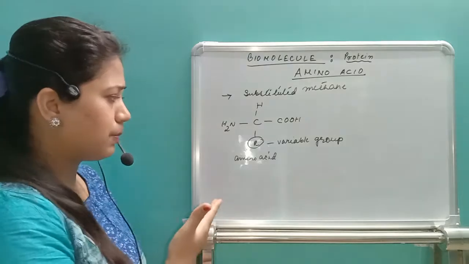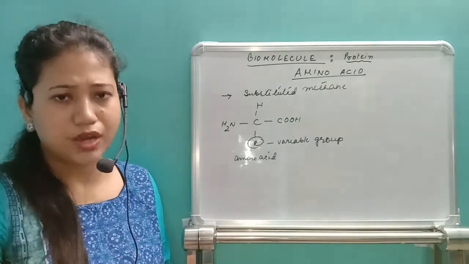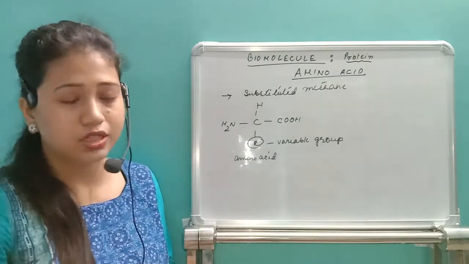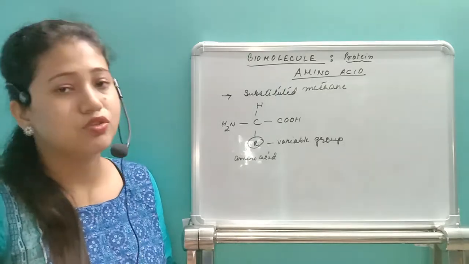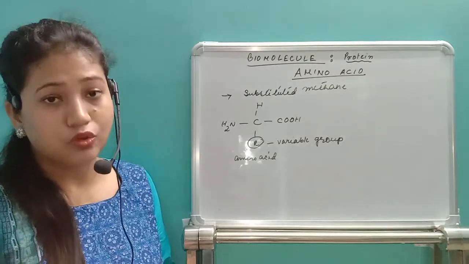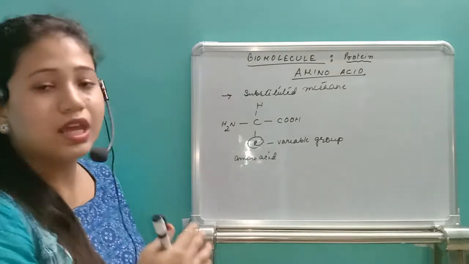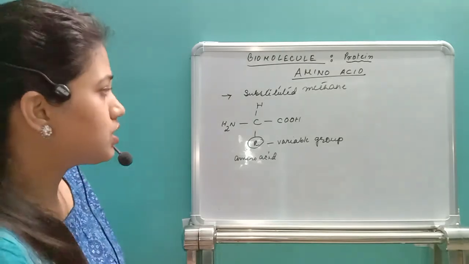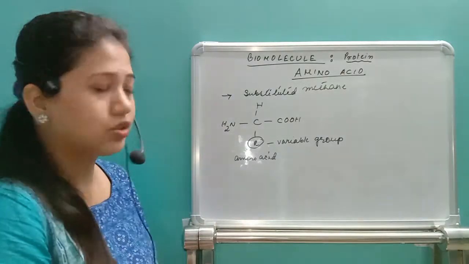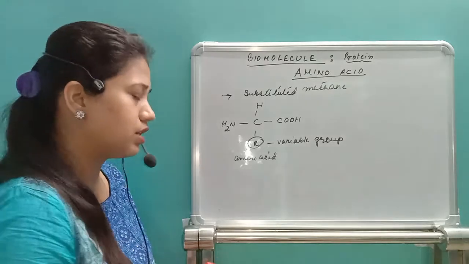If it is a base, then it will be a basic amino acid. If it is a sulfur containing amino acid, or an aromatic amino acid, we can get different types of amino acids.